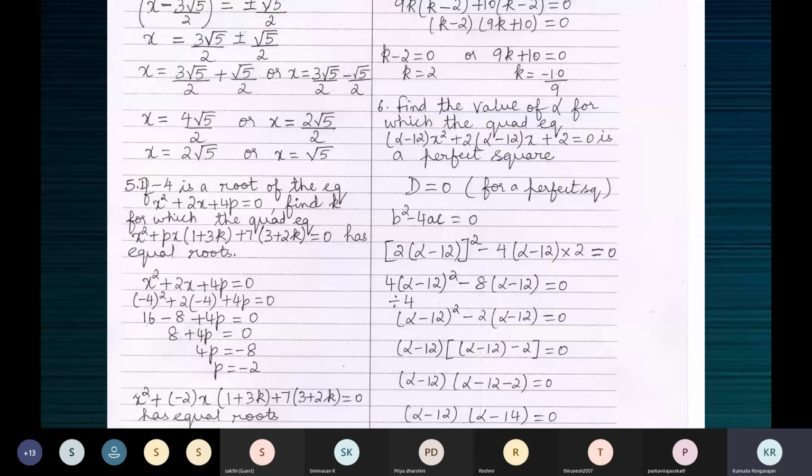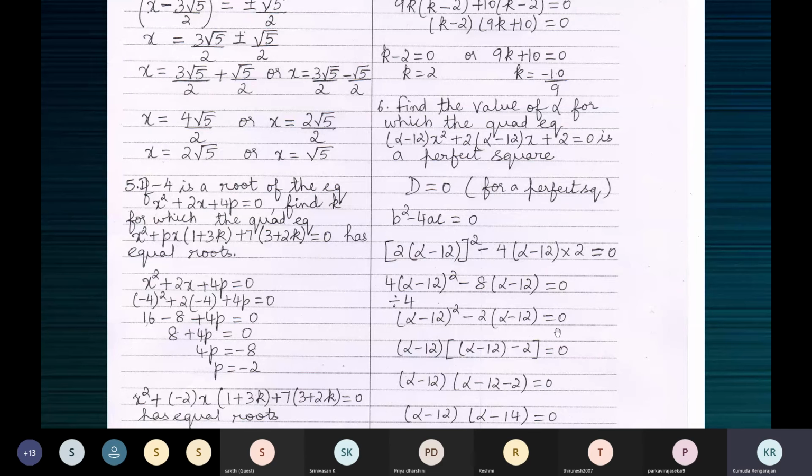You can divide by any number, not 0, any constant. Don't divide by an expression that has the variable which you're trying to find. So you can divide by 4, but not by alpha minus 12.